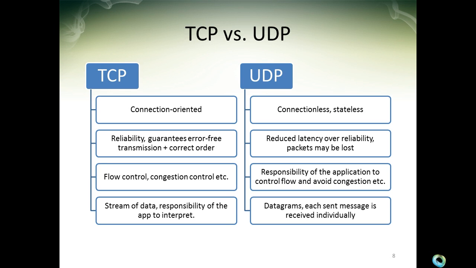TCP has all sorts of optimizations built in, which try to avoid waste of network bandwidth. So it tries, for example, to combine multiple small pieces of data into one big network message to make optimal use of the network connection.